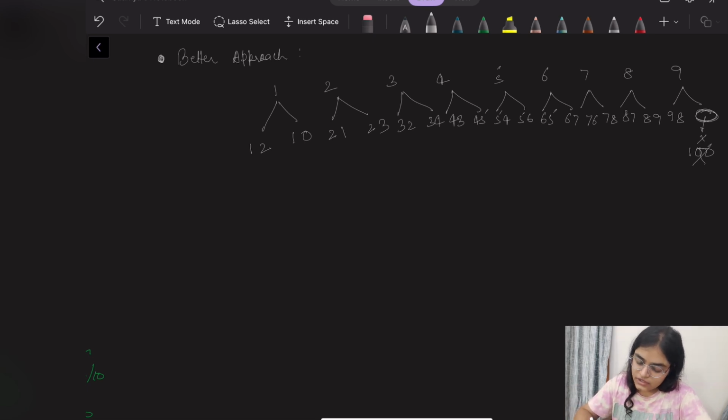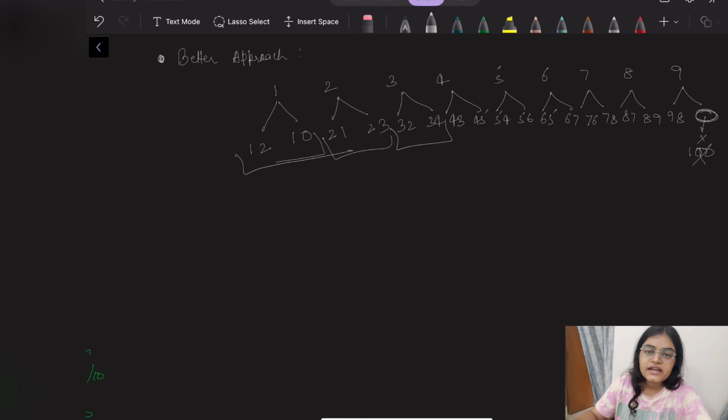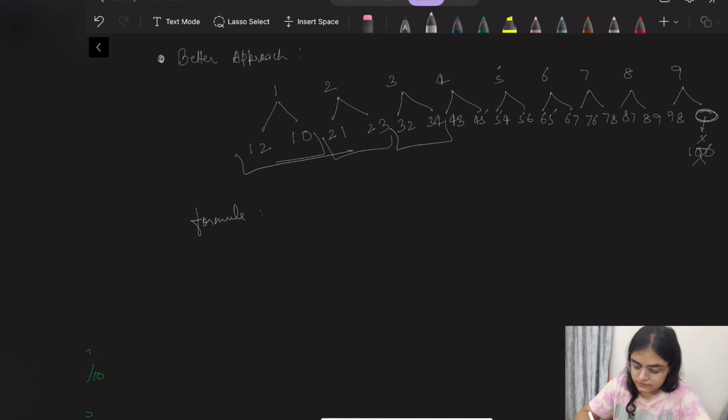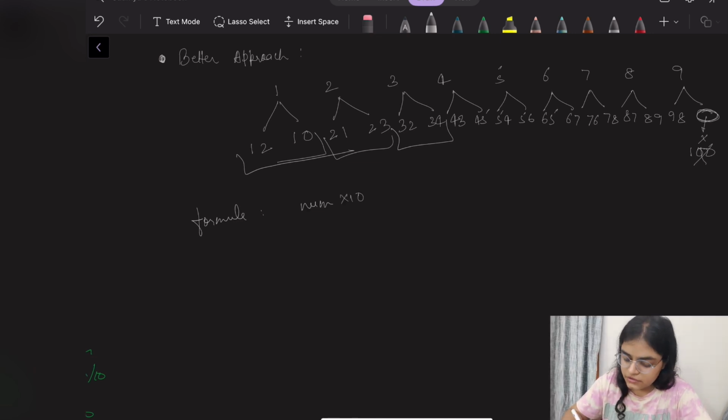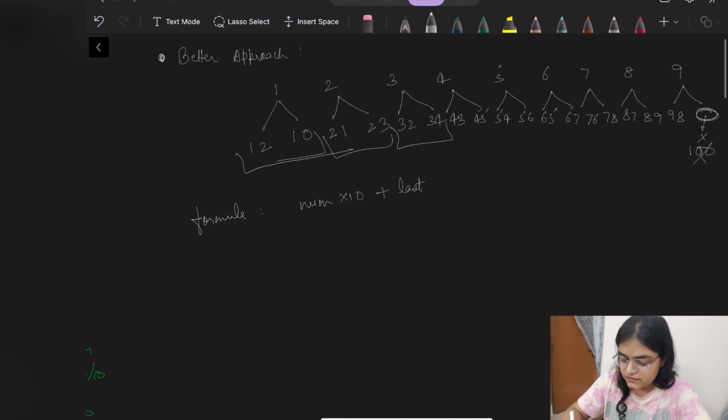So to calculate these 2 sets for every digit, let's derive a formula. The formula is number times 10 plus last digit plus minus 1.